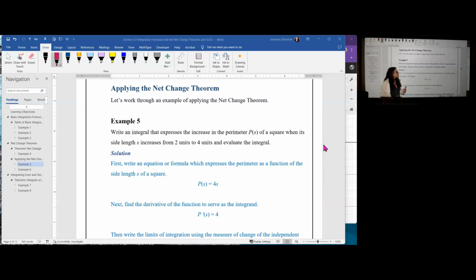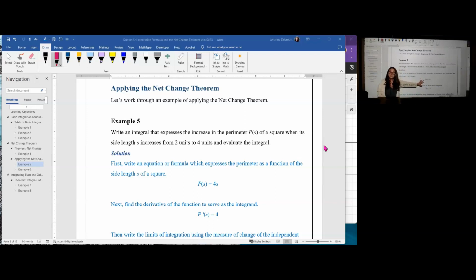So the first thing we need to do is come up with a formula which relates perimeter to the side length of a square. In this case, since all the sides are the same length, the perimeter as a function of side length s is 4 times s. Now we want to find the rate of change of this function.